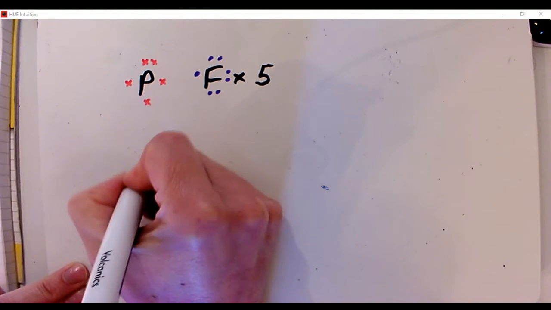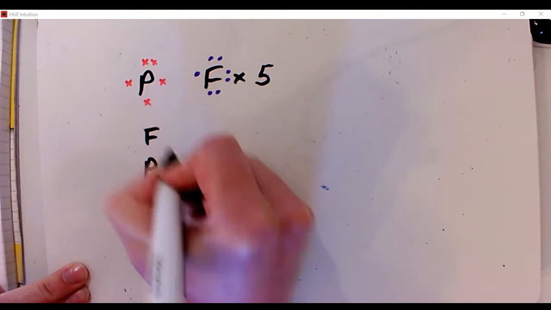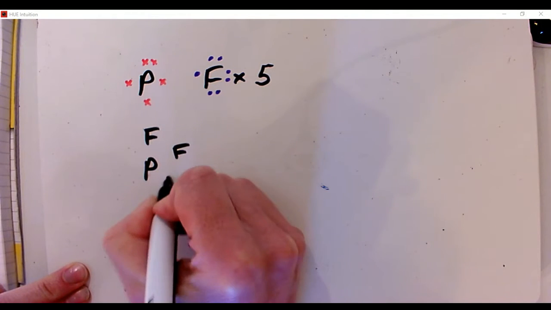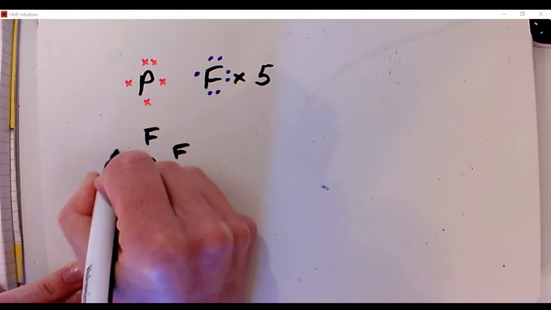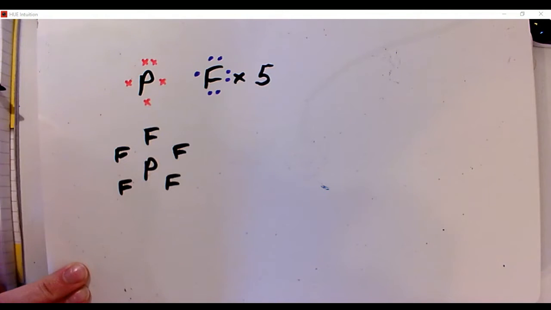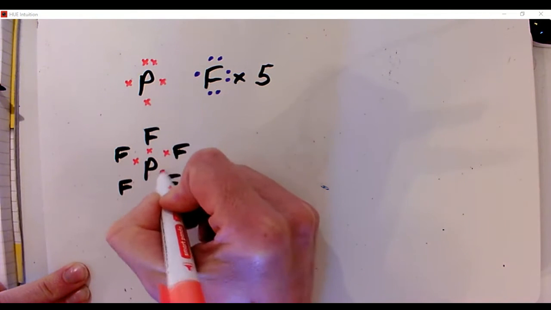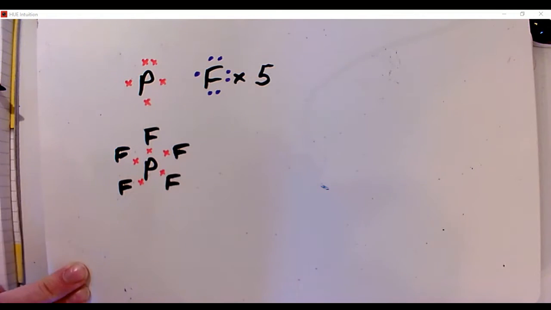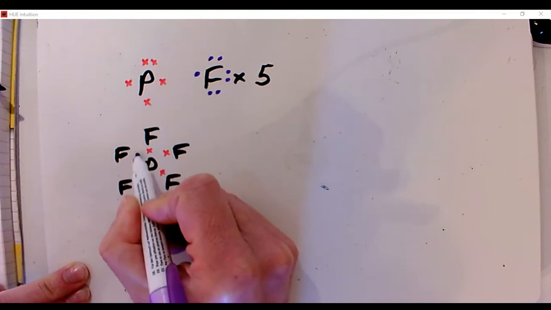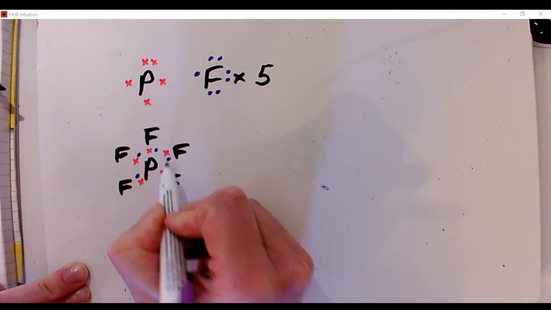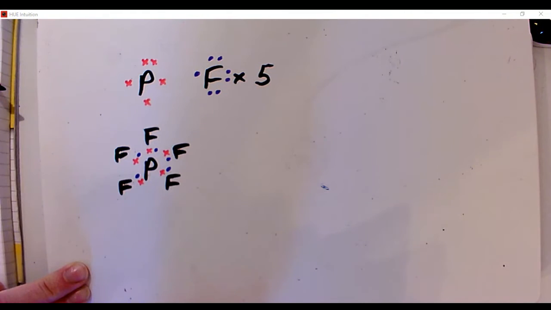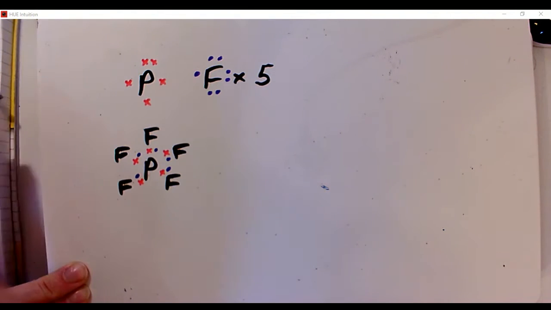So let's put them like this, P, F, 3, 4, 5, okay, and let's put X, and then the dots, so shared pairs, only shared pairs of electrons, and phosphorus now has no lone pairs left.